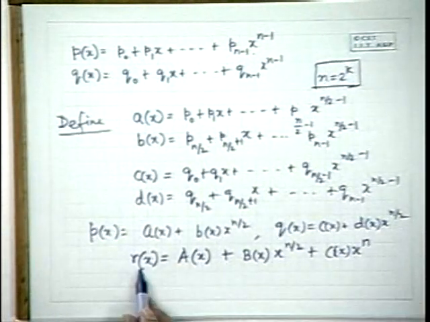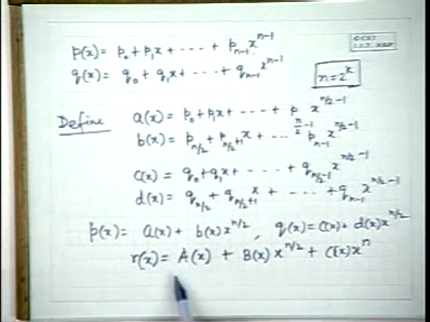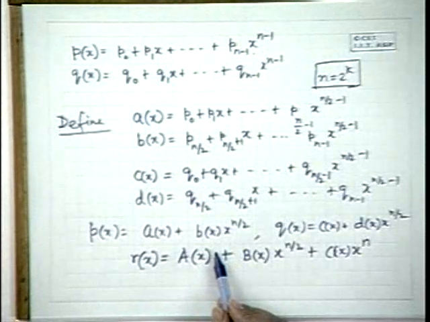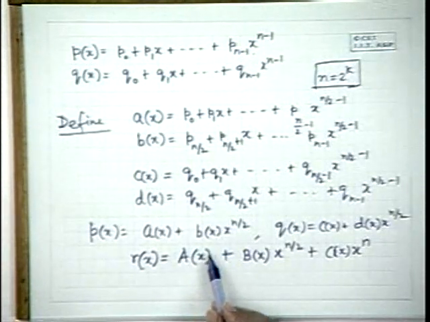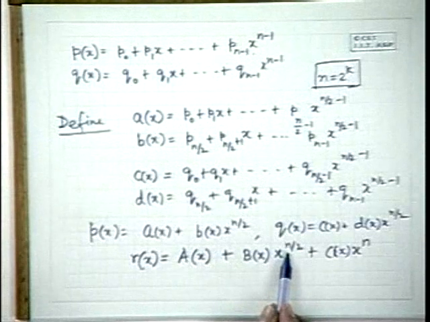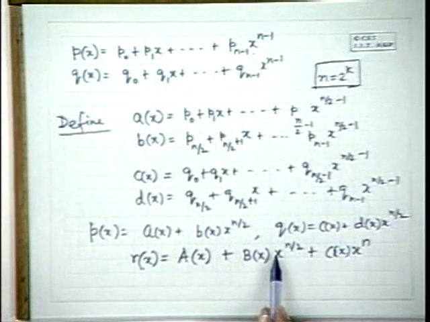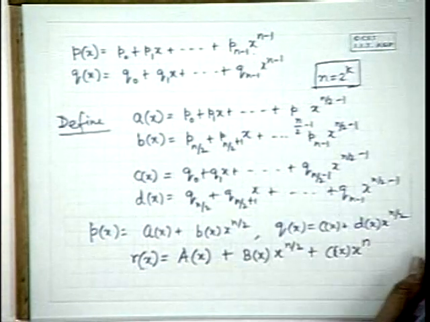So I am expressing Rx as ax. Basically, this part will have all the powers of x less than or equal to n over 2. This will have all the powers of x greater than or equal to n over 2. Okay, it goes on. We'll see. Let me define ax, bx, cx, then it will be clear what it is.